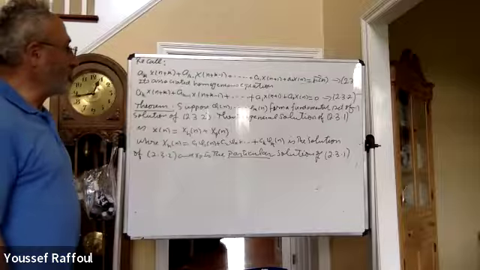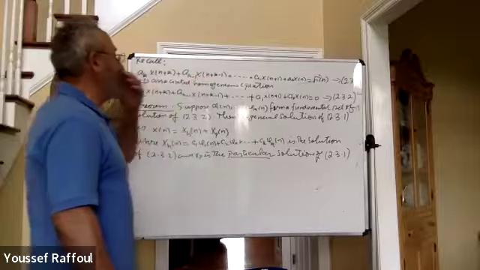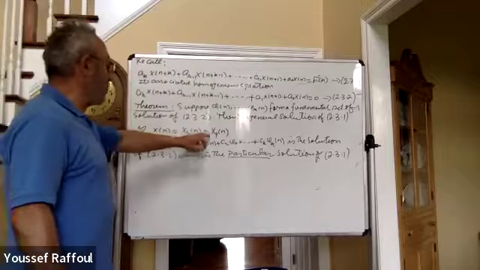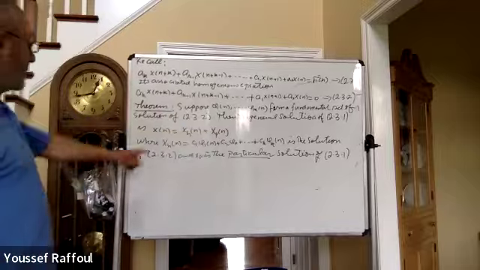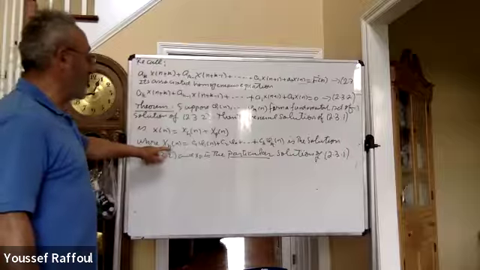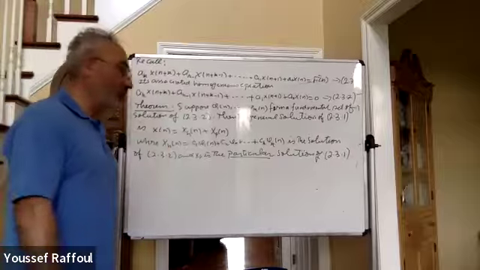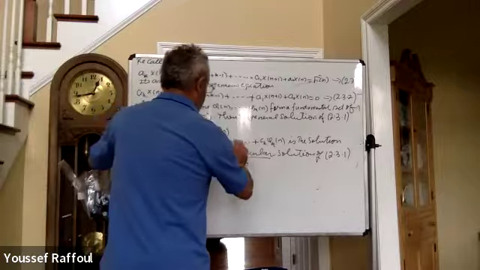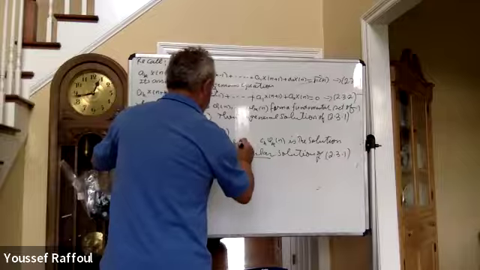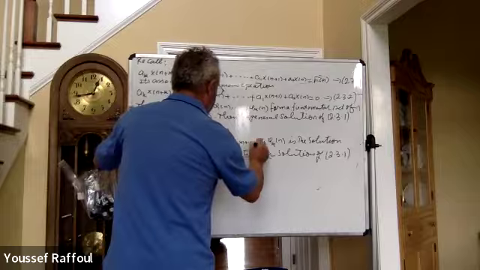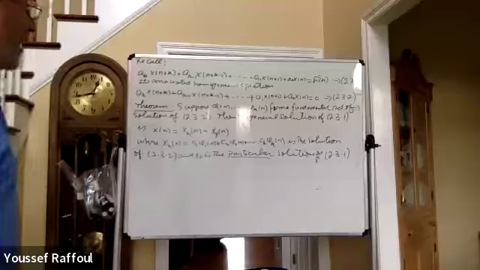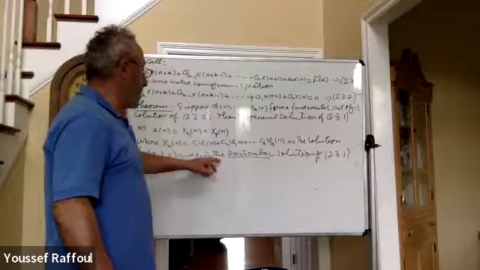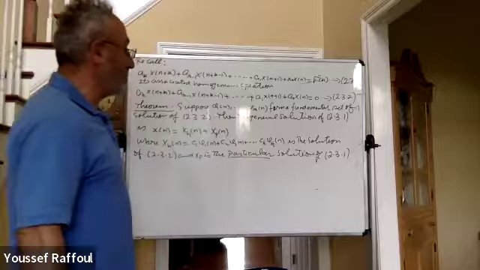Then the general solution is x of n equal x_h plus x_p, where x_h, which is called the homogeneous solution, is c1 phi 1 plus c2 phi 2 plus c_k phi k of n, the solution of 2.3.2, and x_p is the particular solution of 2.3.1.